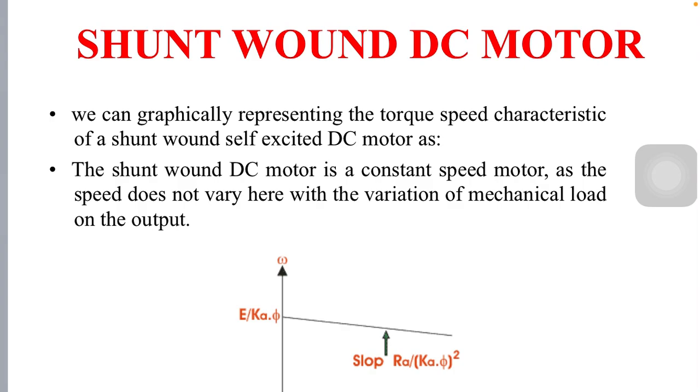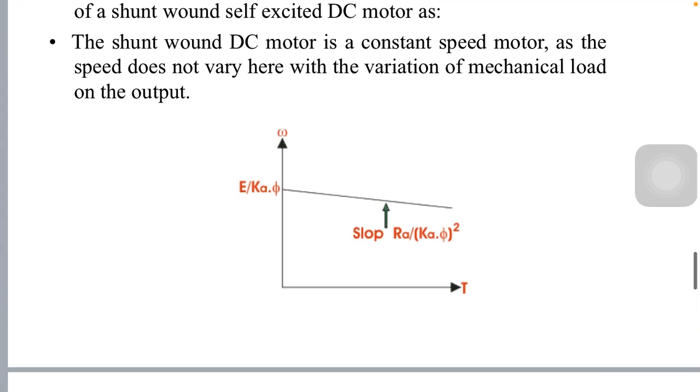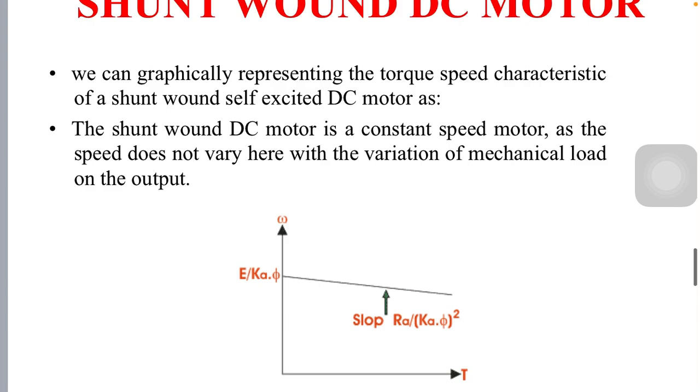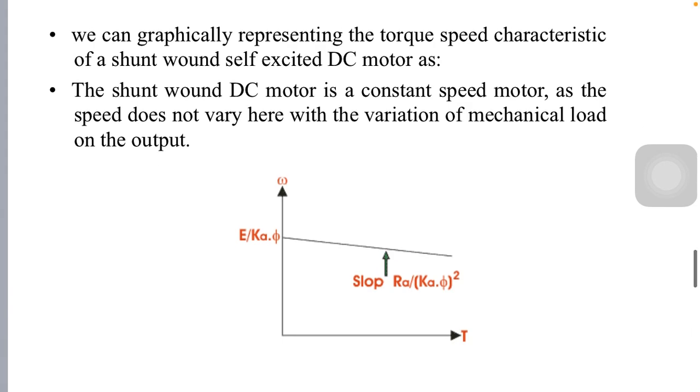You can see here a simple characteristic, torque versus speed. Torque is on the x axis and on the y axis is omega, that is 2 pi f, the angular speed.